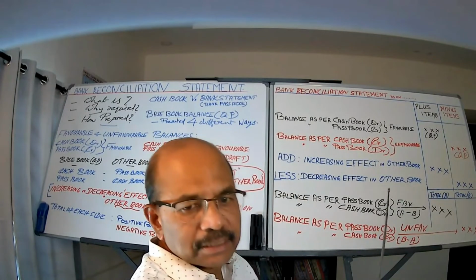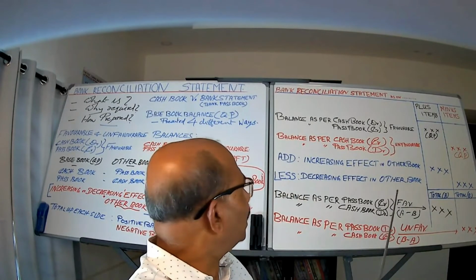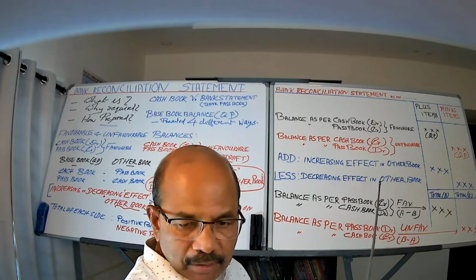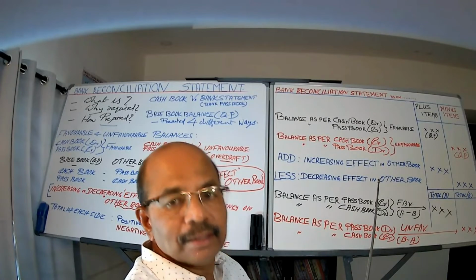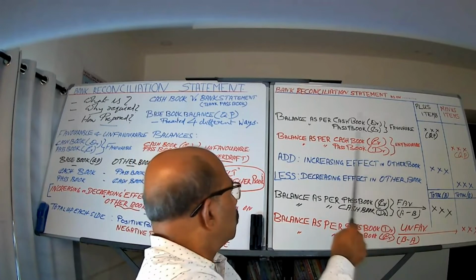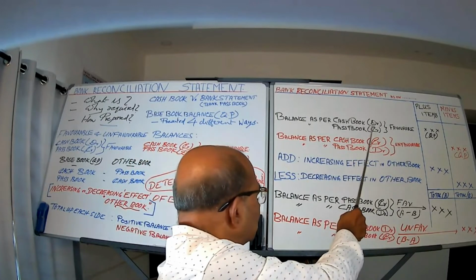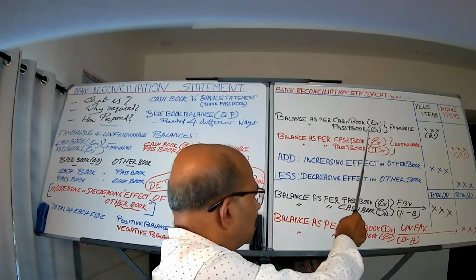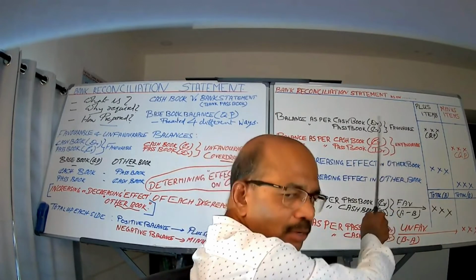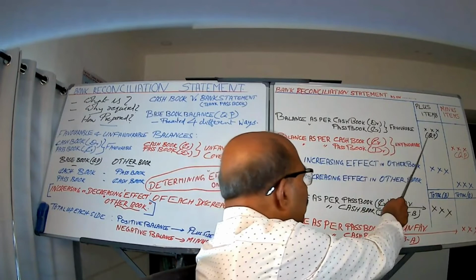Now let me conclude by explaining the format. You will essentially be given balance as per cash book or balance as per pass book, somehow, which is called the base book. That amount you will show as balance as per cash book debit or balance as per pass book credit. Both are favorable. In the favorable case, only one of them will come. Okay, you will show it here.